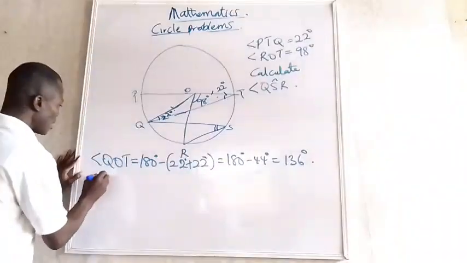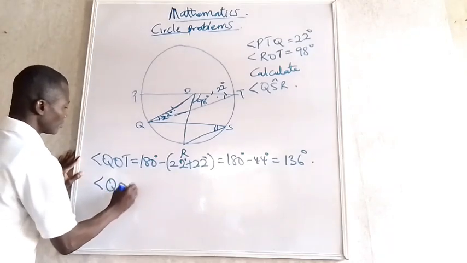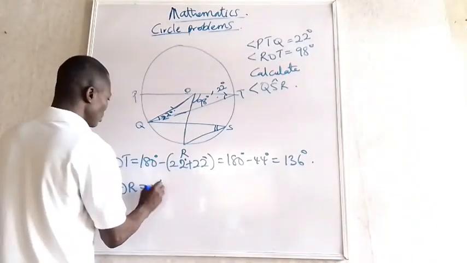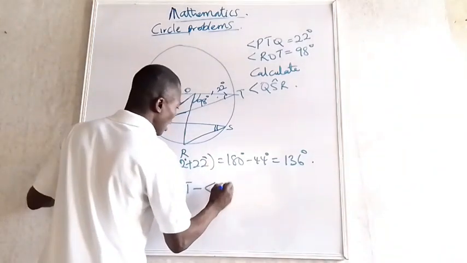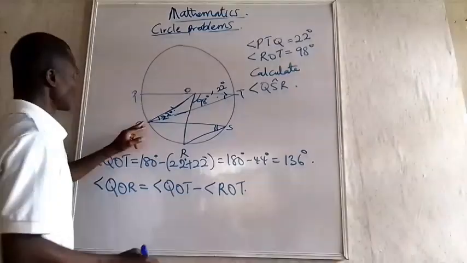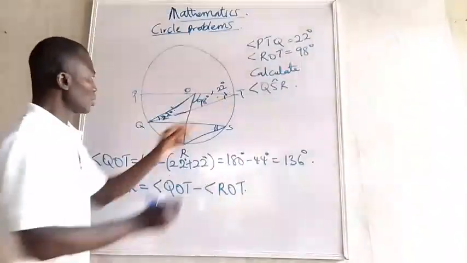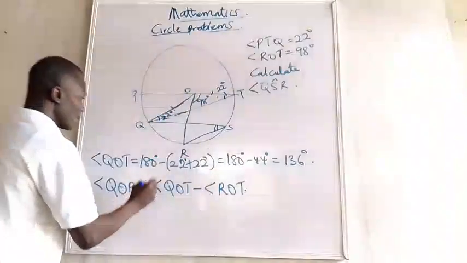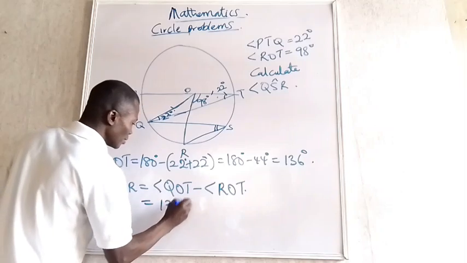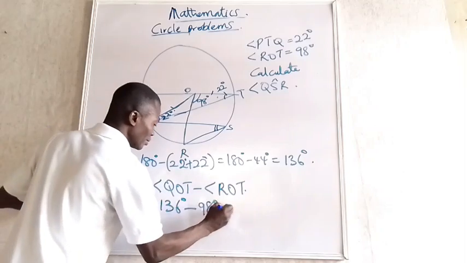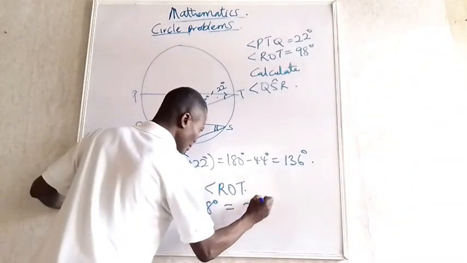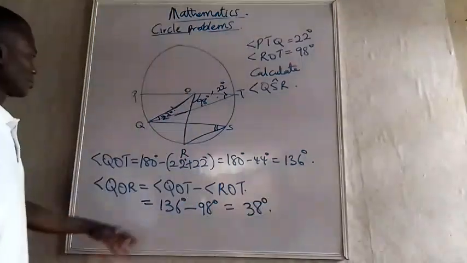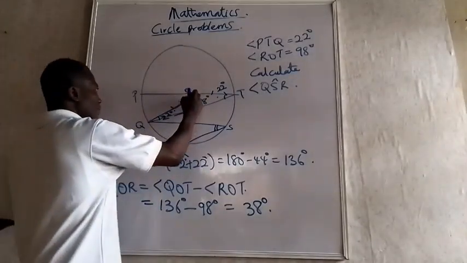So, angle QOR will be equal to angle QOT minus angle ROT. That is, this full angle minus this one will give us this case. And that is going to be 136 degrees minus 98 degrees. And that's 38 degrees. So, you can see this place now is 38 degrees.